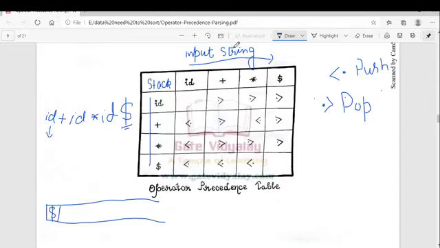Okay. So we will take id. Yes, there is id. Then we will see dollar sign. Yes, here there is a dollar sign.